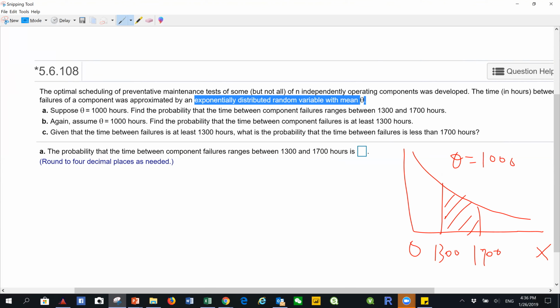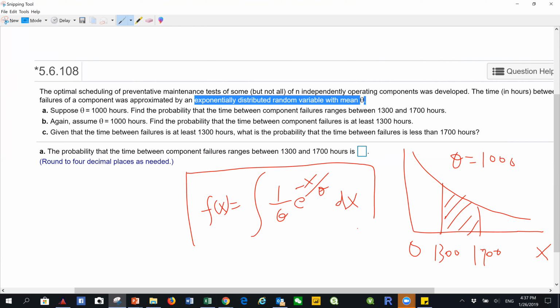So this version of the exponential function should be like this: 1 over theta times e to the power of minus x over theta. This is a PDF. In order to find this area, you simply integrate.